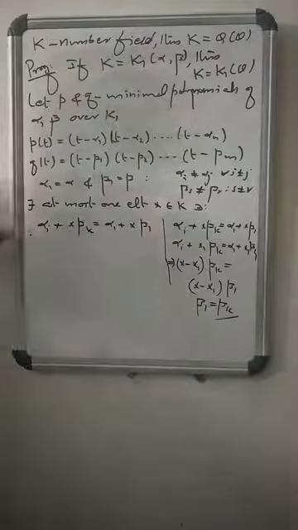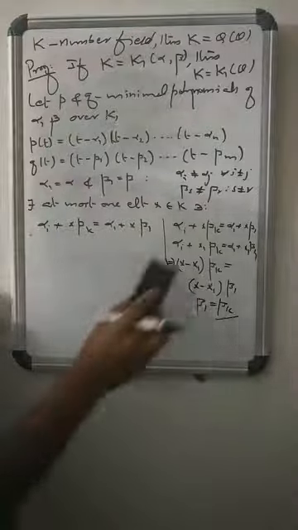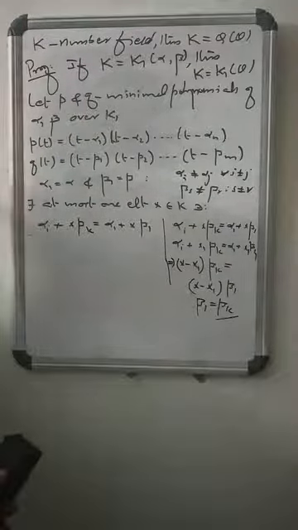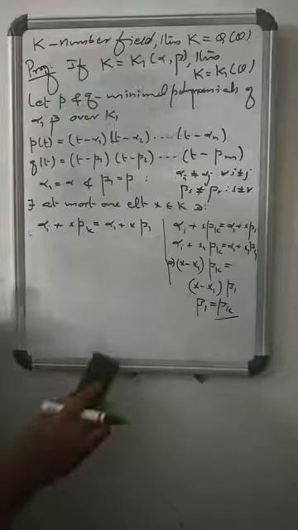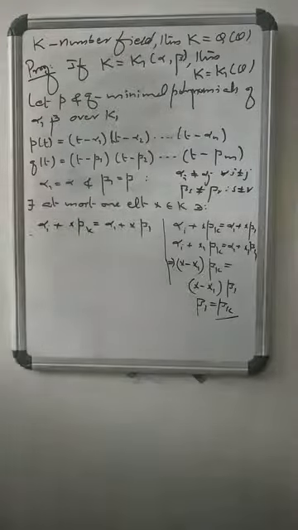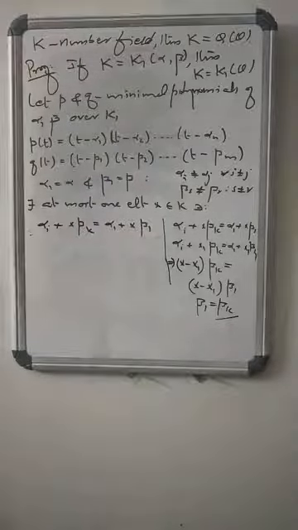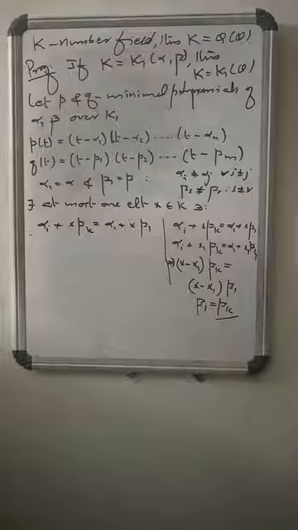Therefore, according to these arguments, there exists at most one element x in k1 such that alpha i plus x beta k equals alpha 1 plus x beta 1. Agreed?